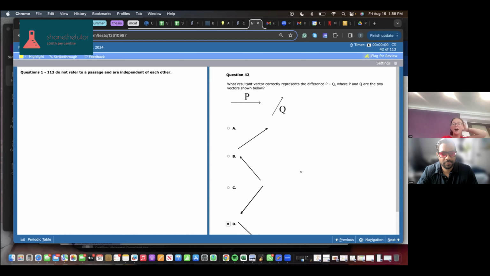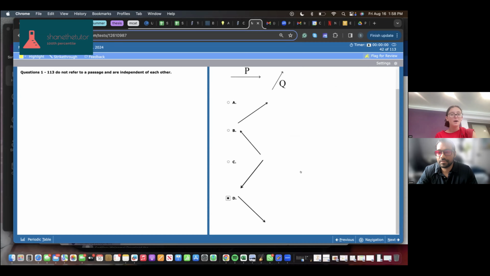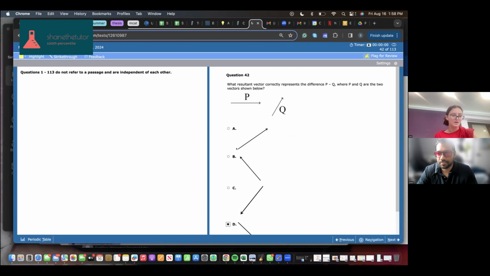This one, I remember the first thing I learned when I opened a chemistry book, when I started studying for the MCAT, was vector addition. And I'm pretty sure I did it right and it's D, but I don't remember vectors at all. Okay, so vector just means that it's something that has a magnitude and a direction.